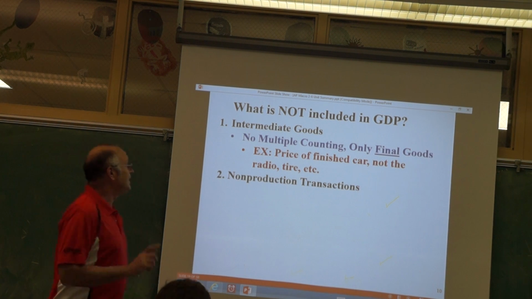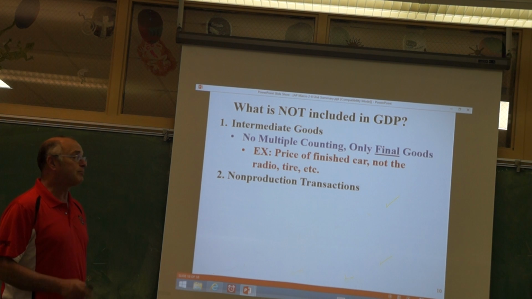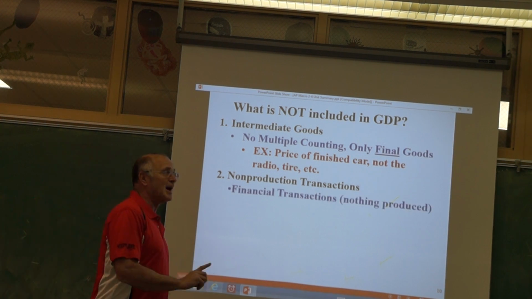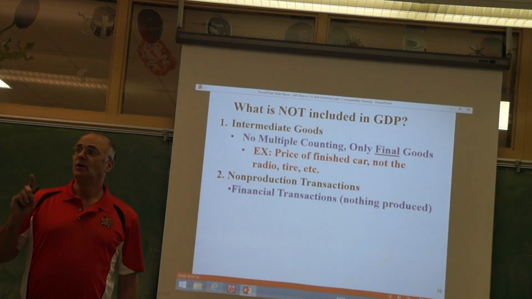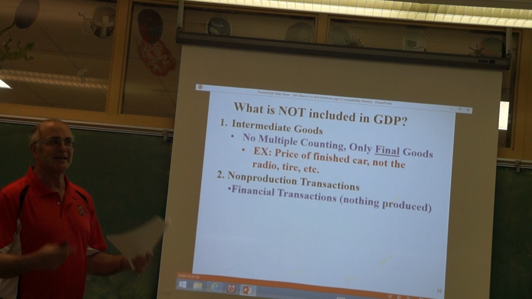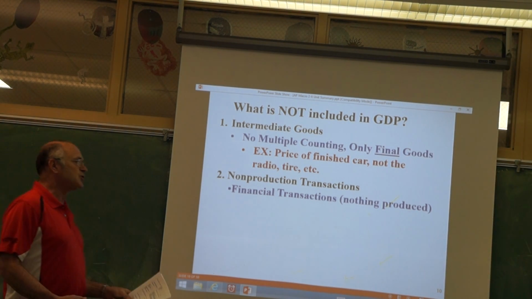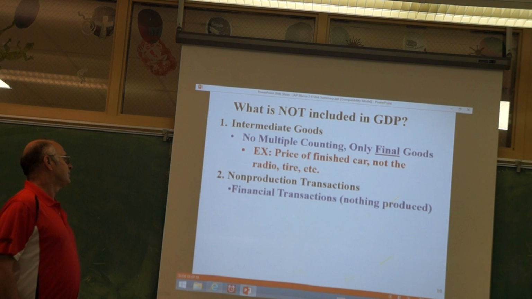Non-production transactions: stocks are not part of GDP. Bonds are not part of GDP. When we talk about investment in GDP, we're talking about businesses investing in capital goods, things that make other things, so machines or factories.